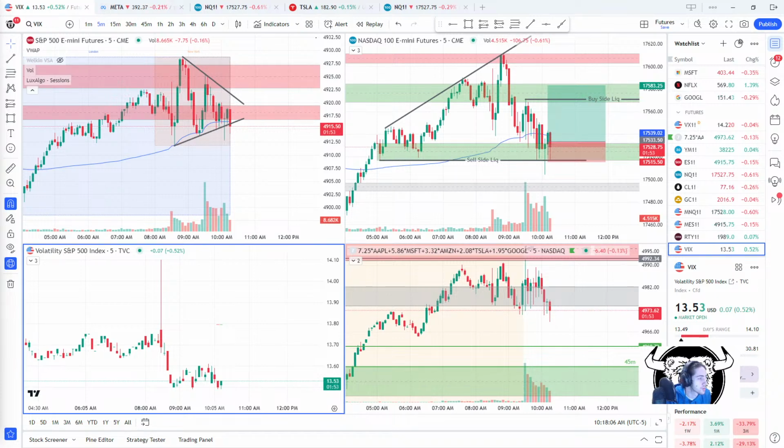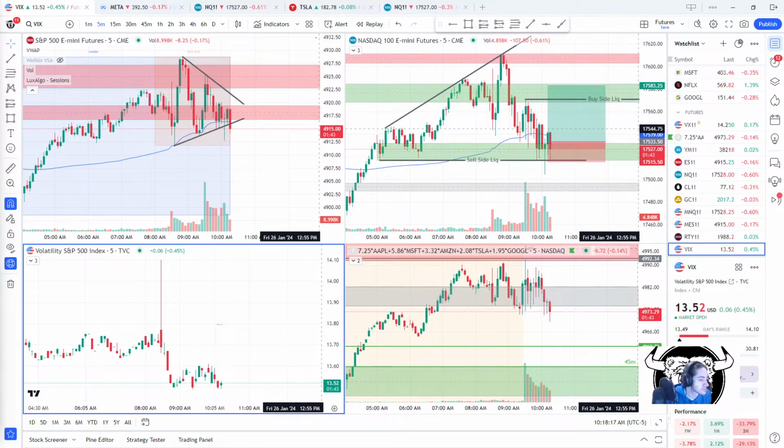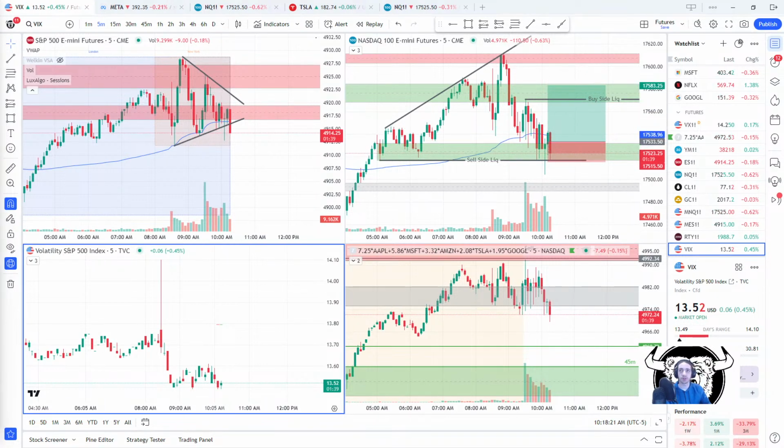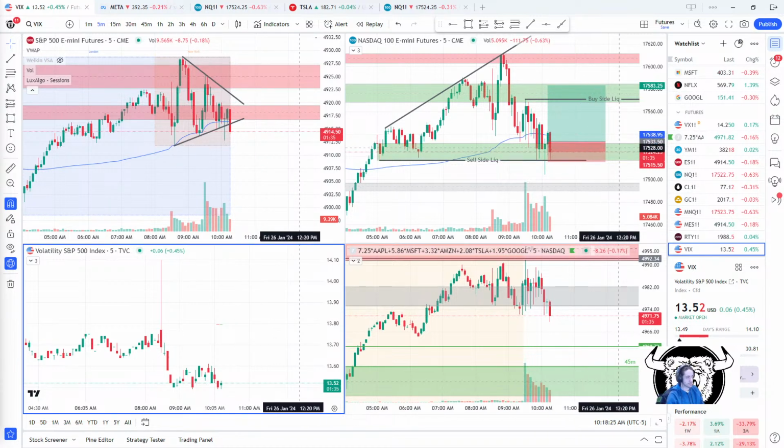I'm going to try longs one more time on NASDAQ. Going a little lighter this time. It's just so choppy right here. And again, bears look stronger right now. Why fight the trend when you could trade it?